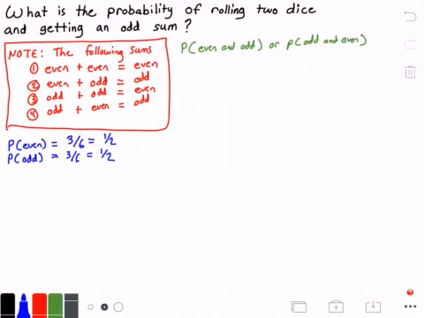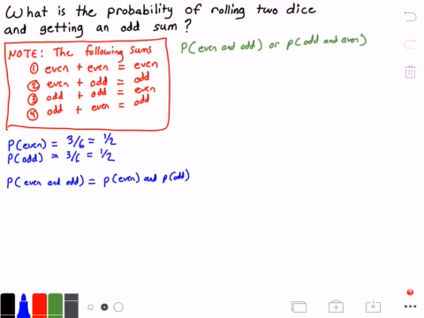Now we need to know, what's the probability of getting an even and an odd number? Well, the probability of getting an even and odd value is equivalent to the probability of getting an even value and the probability of getting an odd value.